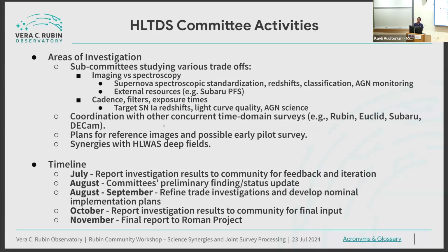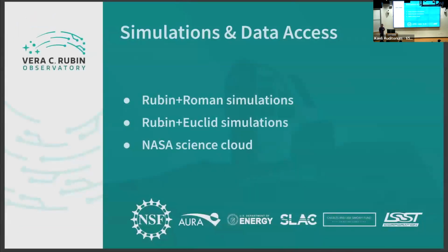Then we will seek input again to do another round of fine tuning, and we'll go through that in October, and in November, hopefully write up the final report to the Roman project and the time allocation committee. So that's all I had. Thank you.